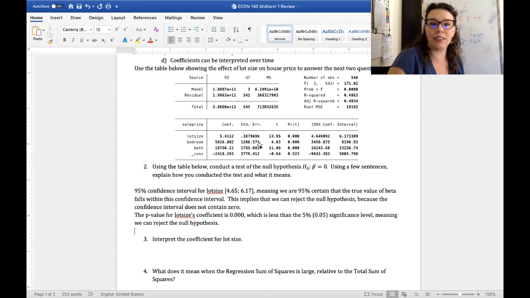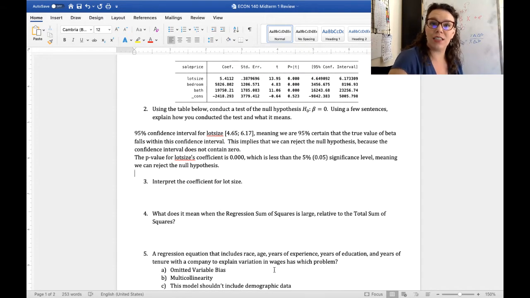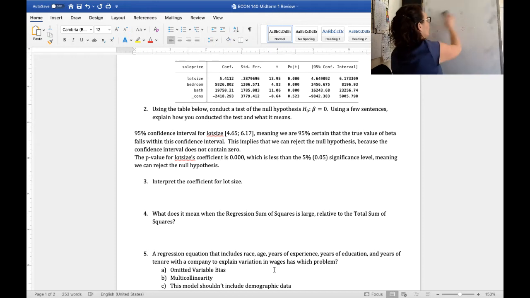The next part is to interpret the coefficient for lot size. The coefficient for lot size is 5.4. We know what a lot size is. We know what a sale price is. Sale price is in dollars and cents. Lot size is in square feet. So I'm going to give you guys the sort of code here first, and then we'll do the specific version.